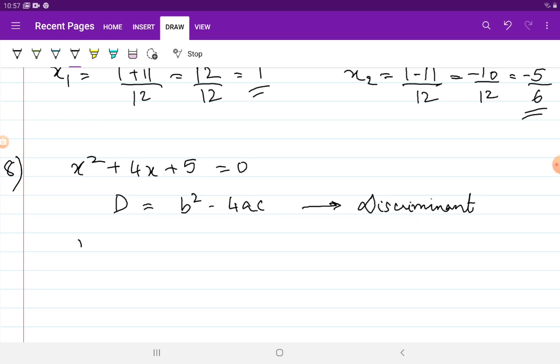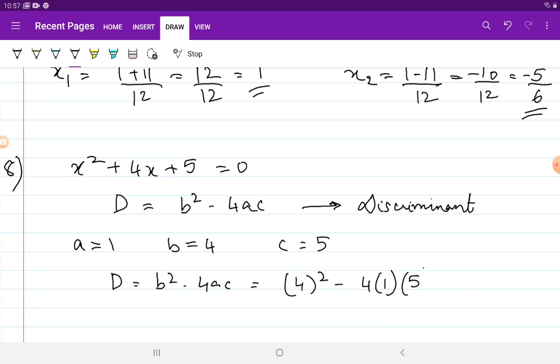As you can see here, a's value is 1, b's value is 4, and c is positive 5. So the value of d, which is b square minus 4ac, will be 4 square minus 4 into 1 into 5.